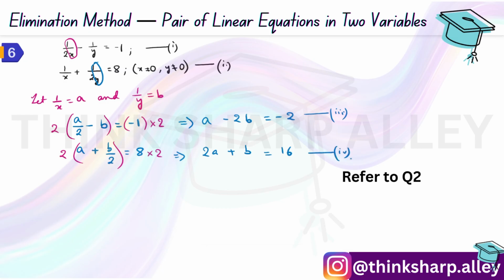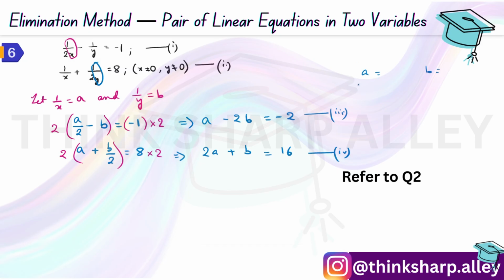To eliminate this, you can multiply equation 4 with 2 and eliminate b. Find a, put the value of a either in the third equation or in the fourth equation, then you will get the values of a and b. But don't forget to come back to x, because finally you have to find the value of x, right?